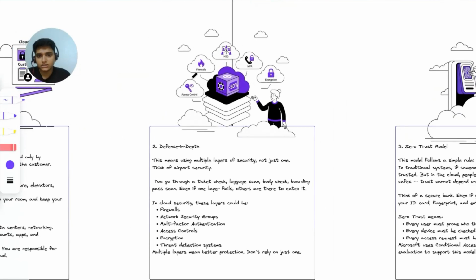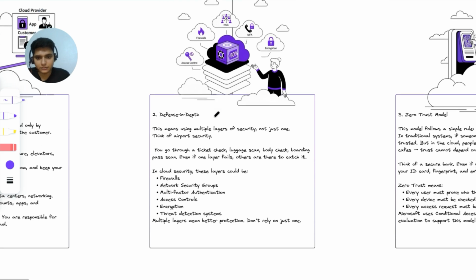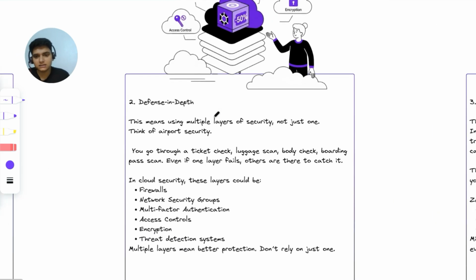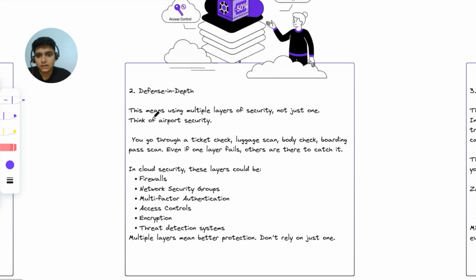There are different layers in defense in depth. What I mean by this is that Microsoft uses multiple layers of security. Let's take the example of airport security. They don't just rely on one checkpoint. You go through ticket check, luggage scan, body check, and boarding pass scan.